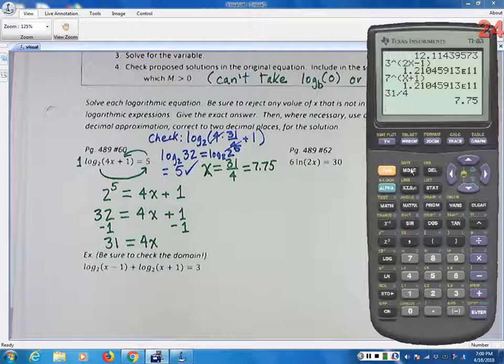If you define your x as 7.75 and type that in, then it will give you 5.